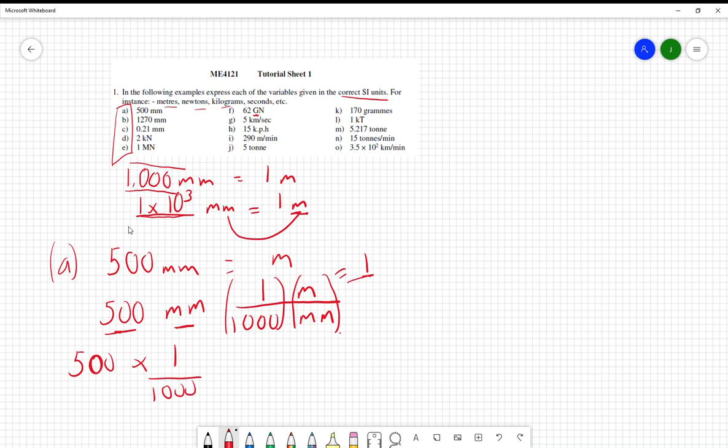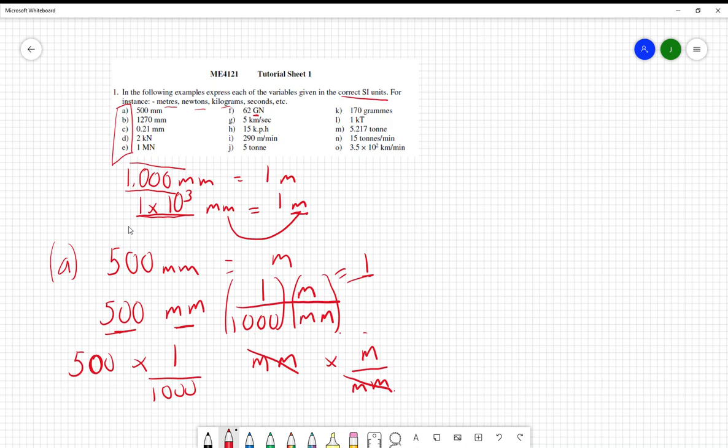We'll do the same thing with the units. Millimeters is what we had, and we're multiplying it by meters all over millimeters. You'll notice straight away, with the units, the millimeters cancel out. So now we've got it in terms of meters. Because there are two parts, we have to do the same thing to both.